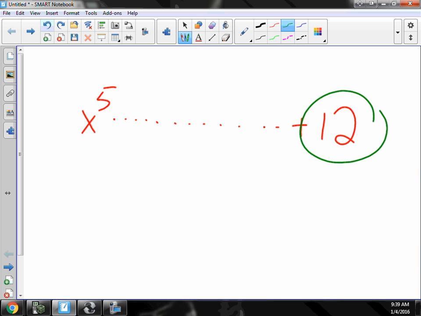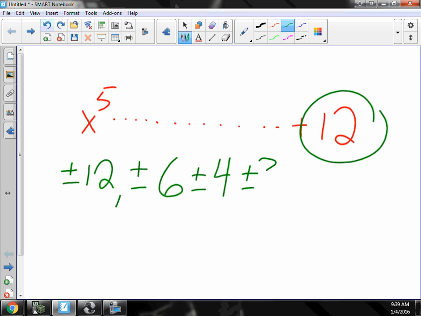So the possible roots here are plus or minus 12, plus or minus 6, plus or minus 4, plus or minus 3, plus or minus 2, and plus or minus 1.